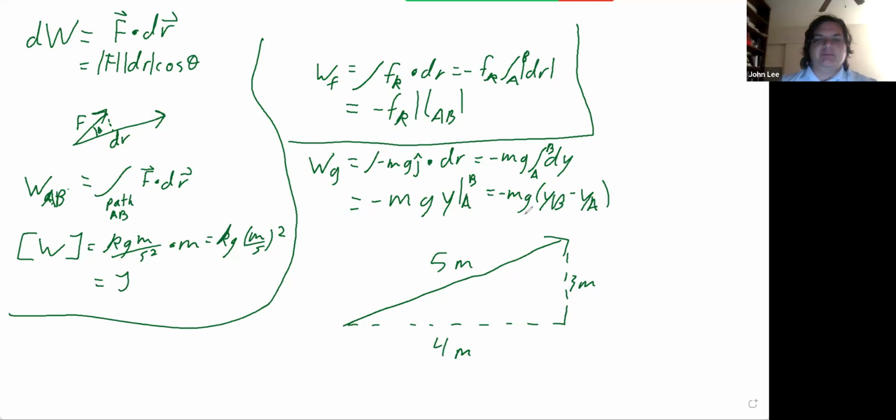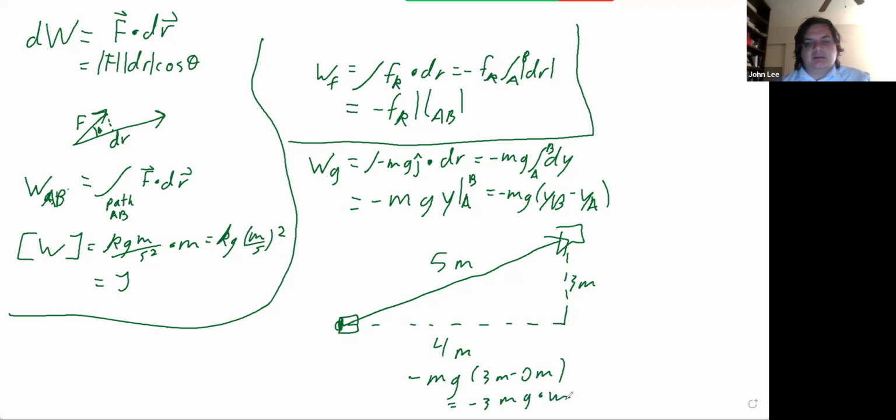So instead of being mg times 5 meters, it's going to be negative mg times 3 meters minus 0 meters, which is negative 3 mg times meters.